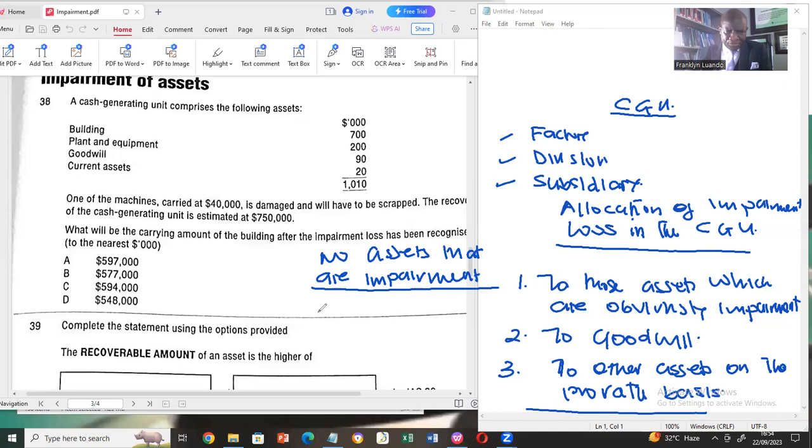One, the first will go to goodwill. Number two, to other assets on a pro rata basis.